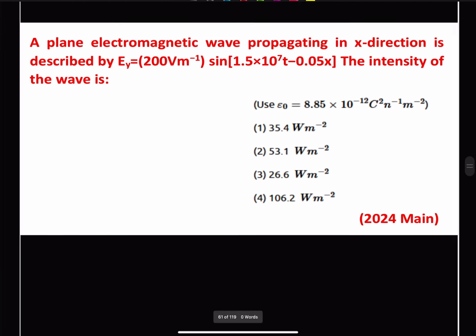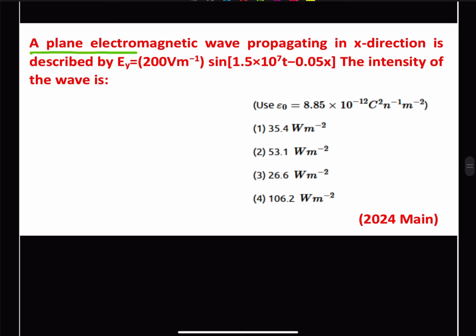It states that a plane EM wave propagating in x direction is described by E of y equals 200 volt per meter sine of 1.5 into 10 to the power t minus 0.05x. The intensity of the wave is. So this is directly based on the formula itself. We know that intensity is equal to half c epsilon naught multiplied by E naught square.